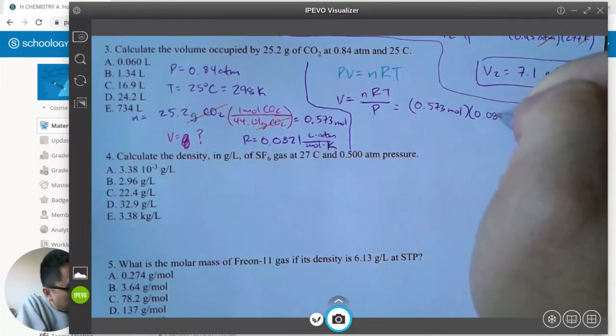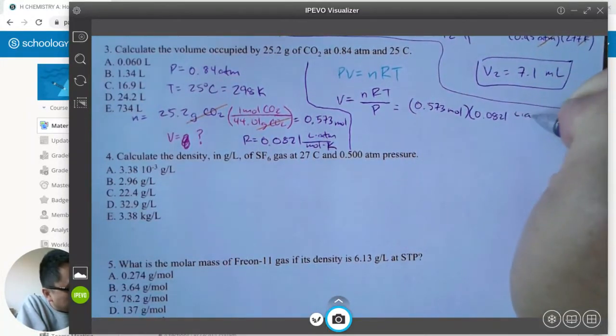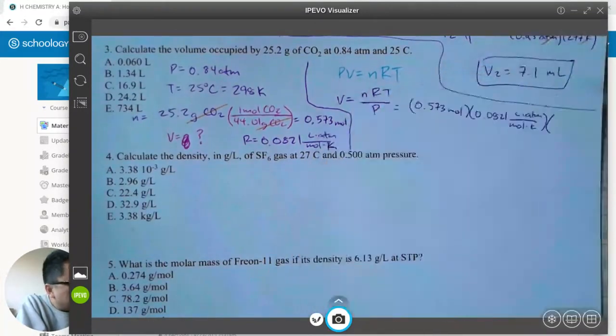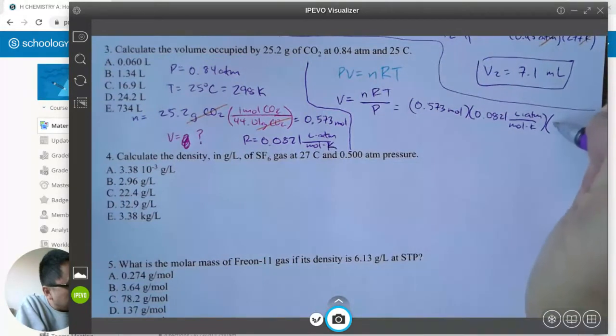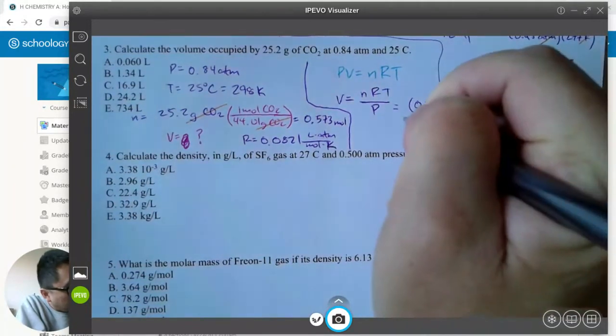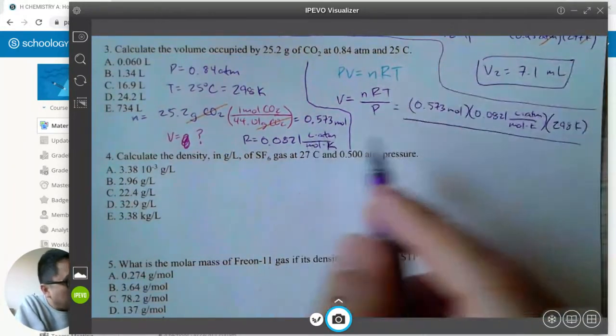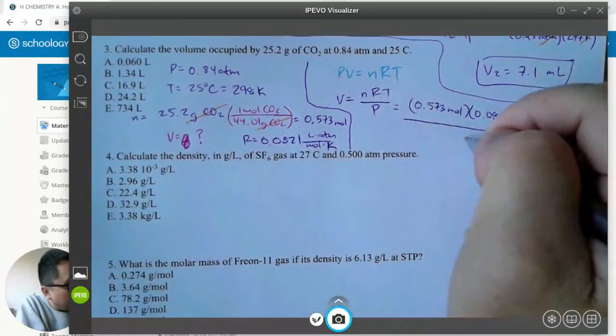R, 0.0821 liters atmosphere per mole Kelvin. The temperature is 298 kelvins, all over P, which was 0.84 atmospheres.